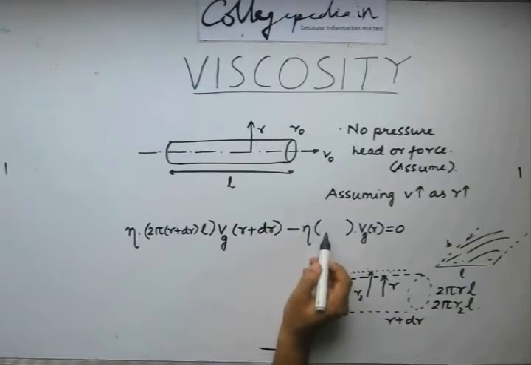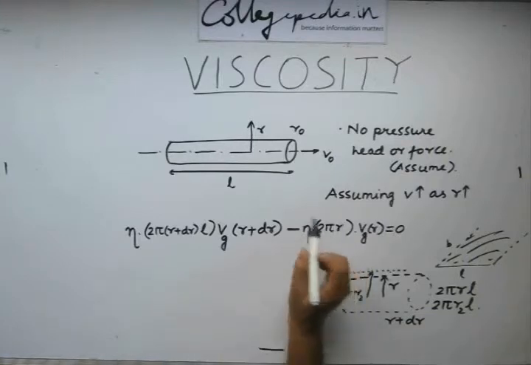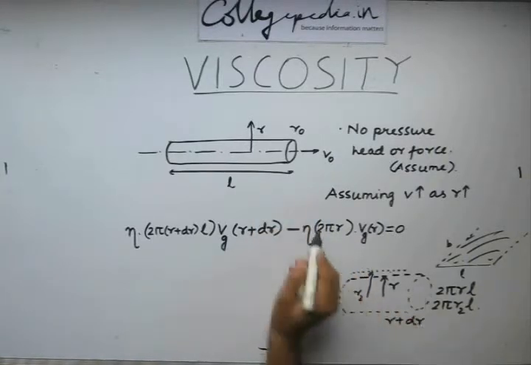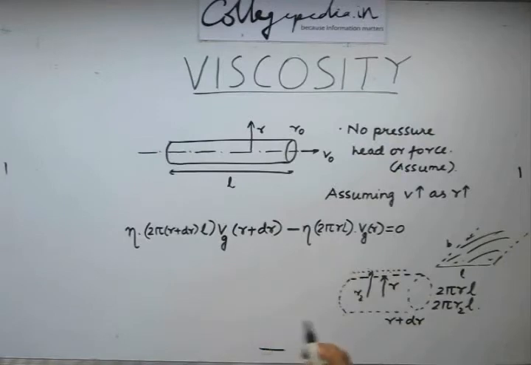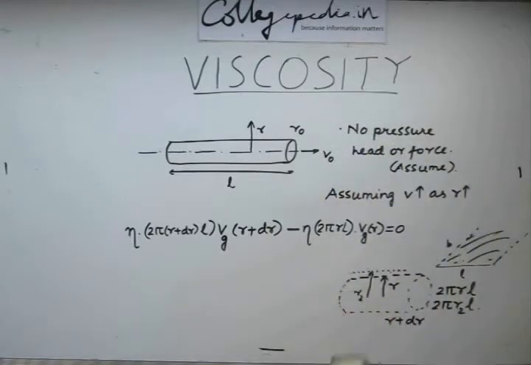In the same way, here we will have surface area as 2 pi r times L, because we are considering the bottom cylinder. This is our force balance equation with the assumption that no pressure head or force is applied across the ends of the pipe being considered.